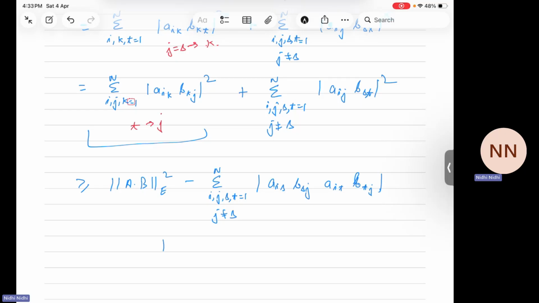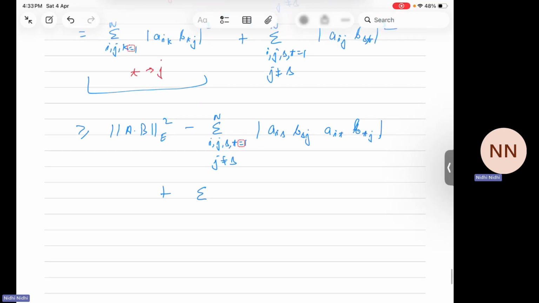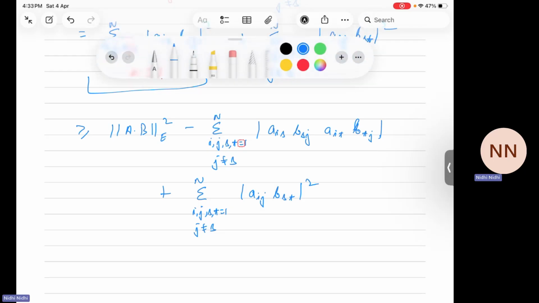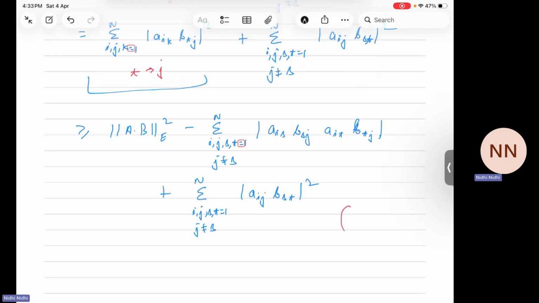Also we had the second term, summation ijst from 1 to n with j not equal to s, mod aij bst square. So by equation 2.